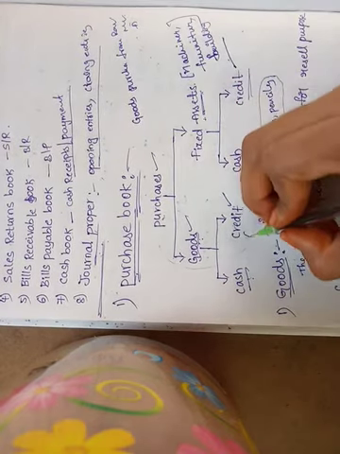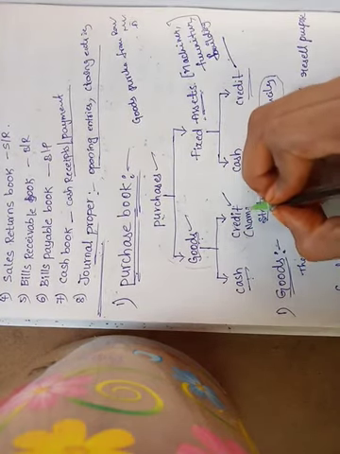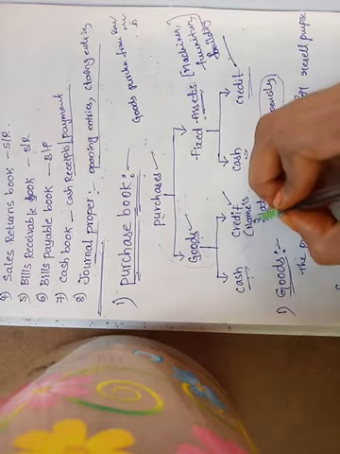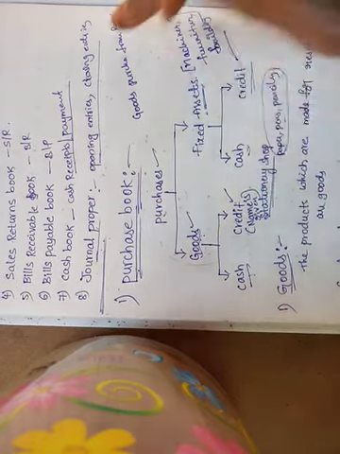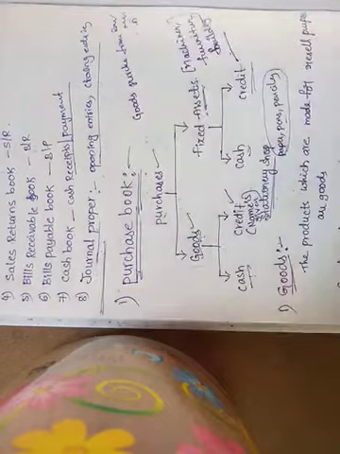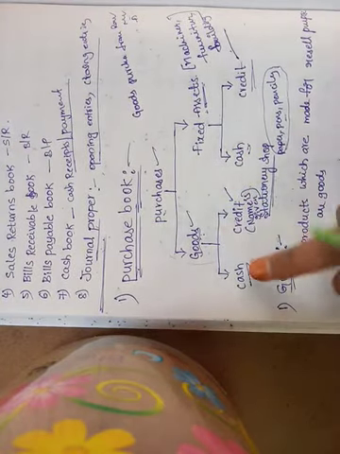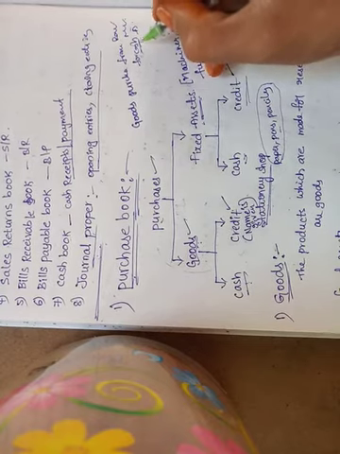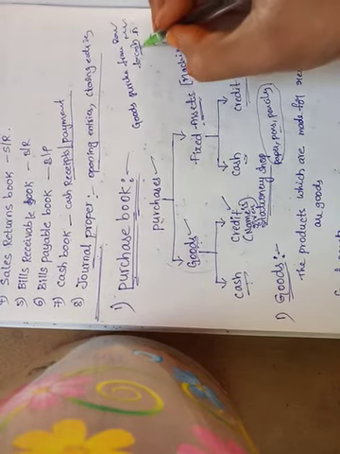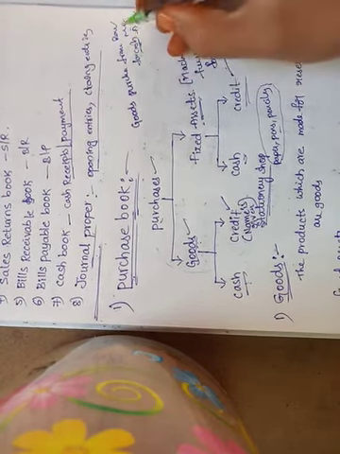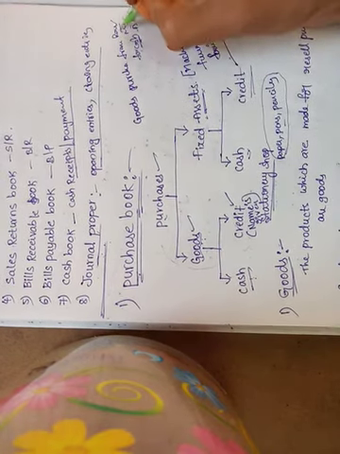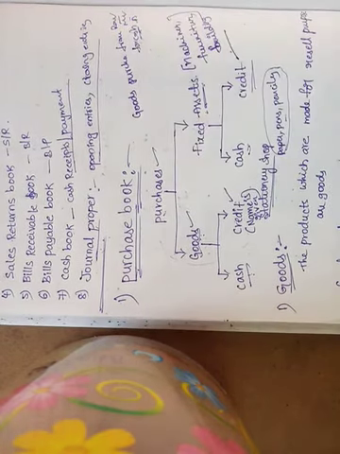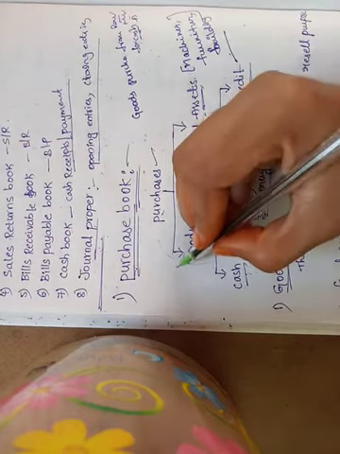So in credit, a name is given. If at the end a name is given, it is a credit transaction. Suppose in a cash transaction, goods purchased for cash is given. At the end, if cash is given, it is a cash transaction. Or else if names are given at the end, it will be a credit transaction. So that is clear.